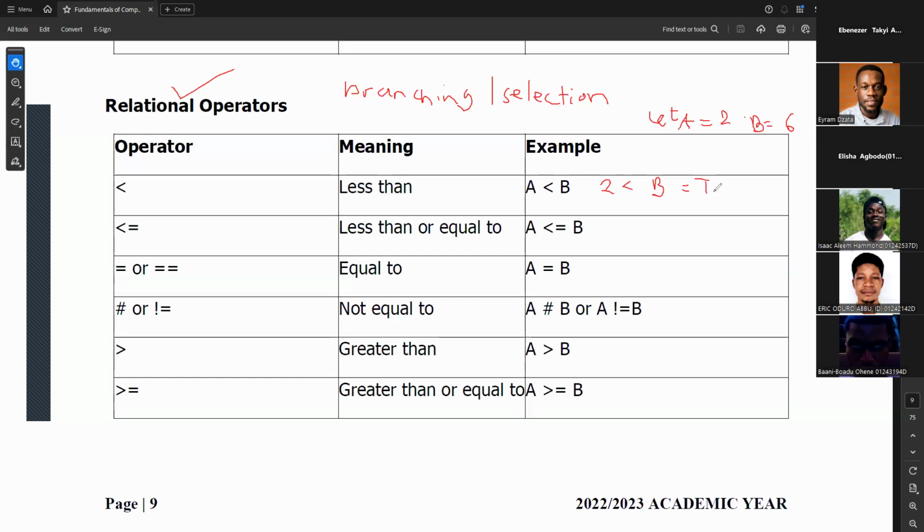So that will give us true. Sorry, B should be 6.